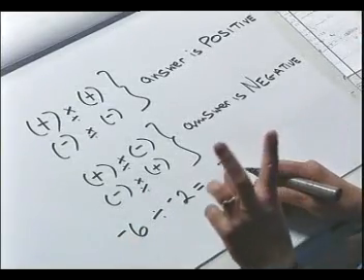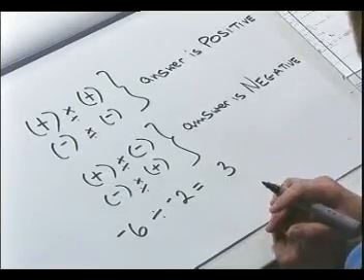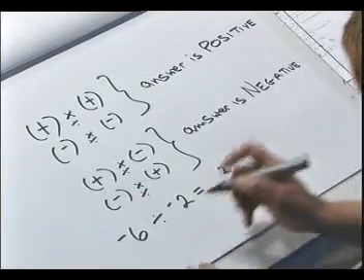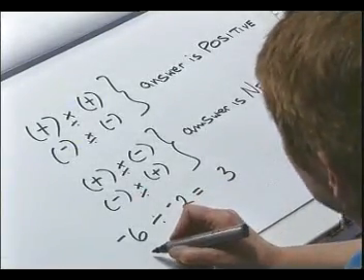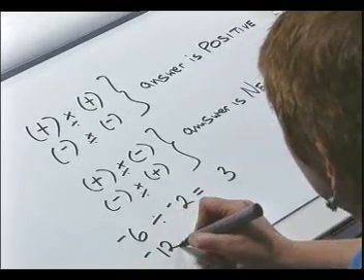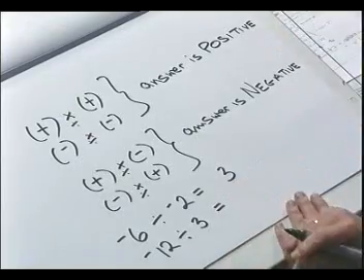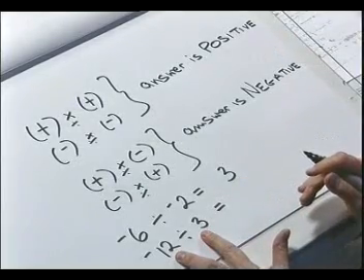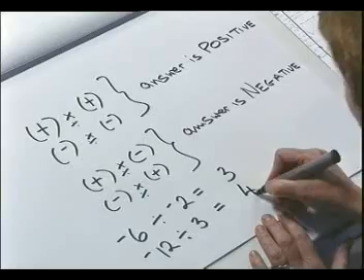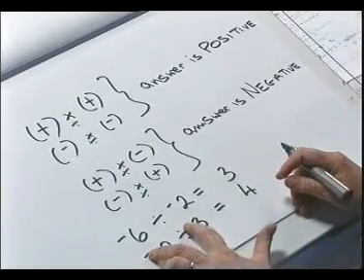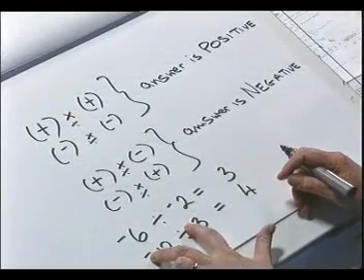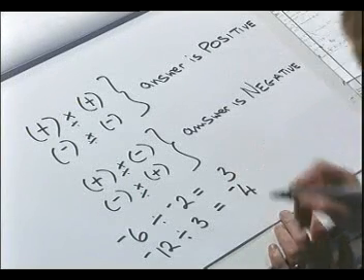Negative, negative, signs the same, so the answer is positive. And if we had this division, negative 12 divided by positive 3, do the division as normal. 12 divided by 3 is 4. Think of the signs. Signs different, negative and a positive, so the answer is negative.